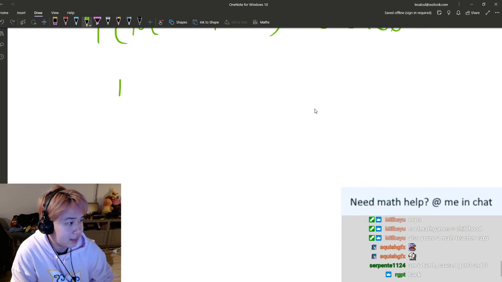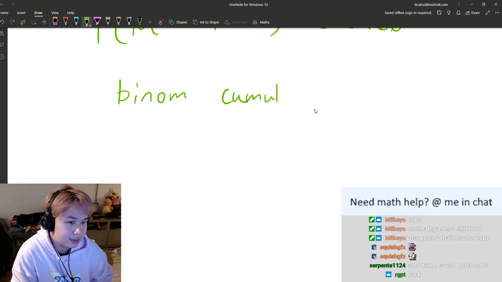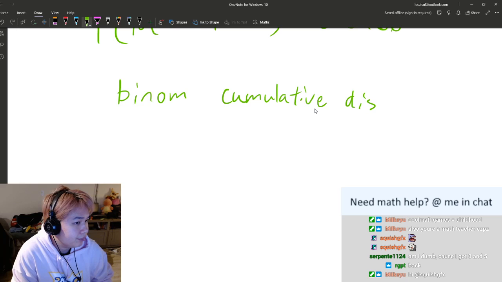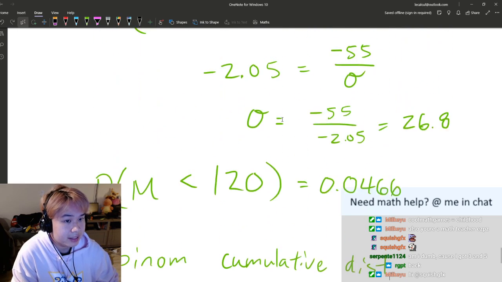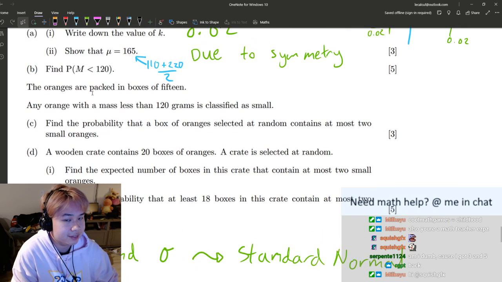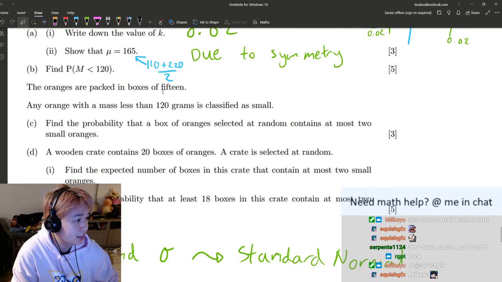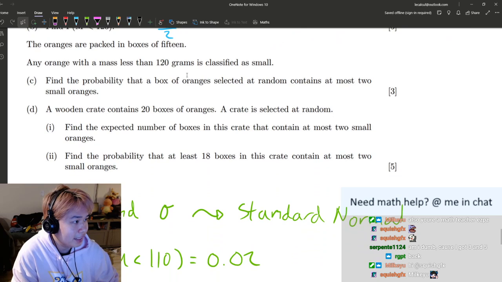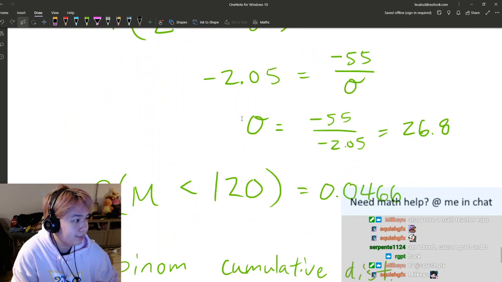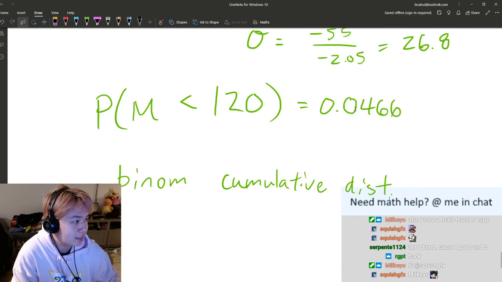So this is a binomial cumulative distribution, where we need to check 15 oranges, so those are our trials, and then the probability of each orange being small is this.